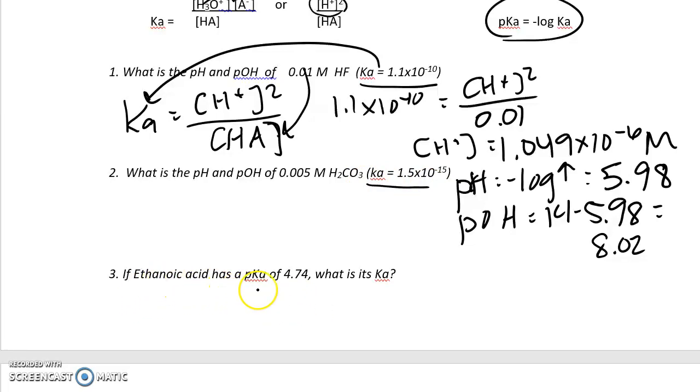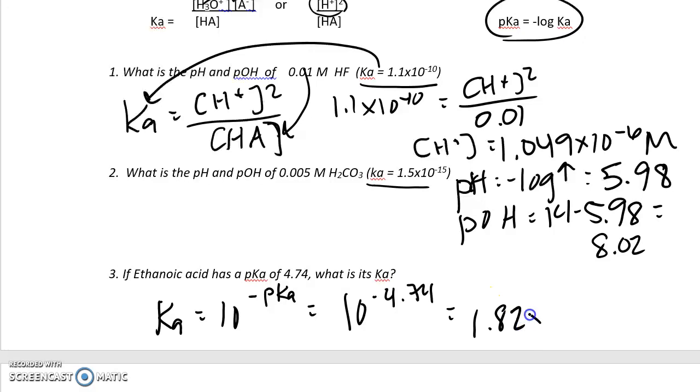If an ethanoic acid has a pKa of 4.74, what is its Ka? So if you want to undo the pKa, you would take 10 to the negative pKa like we did with pH and pOH. So 10 to the negative 4.74. So the Ka value here then would be 1.82 times 10 to the negative 5th. We look at the next one.